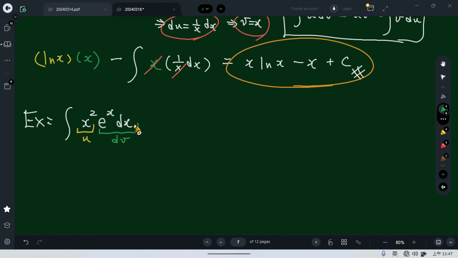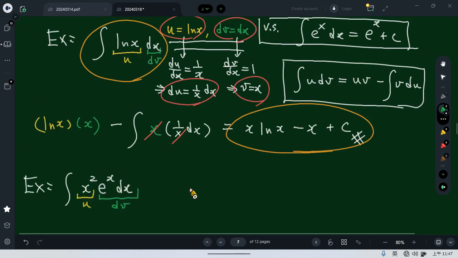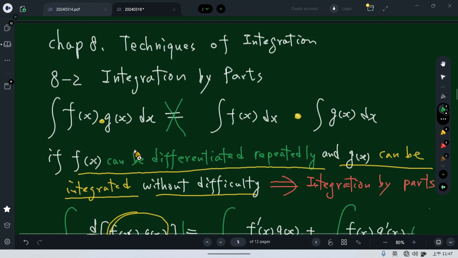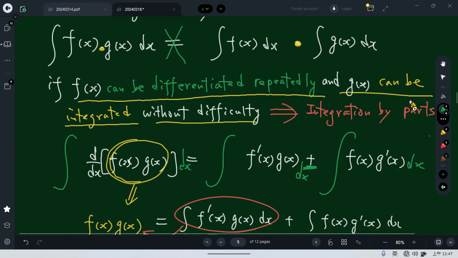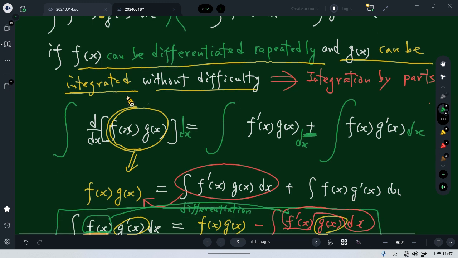So you can find one fact: did you remember when two terms come together, one term must be differentiated repeatedly without any difficulty, right? But the other term is more important, because the second term should be integrated without difficulty. Because sometimes when we deal with integration, that is much harder than we deal with differentiation.